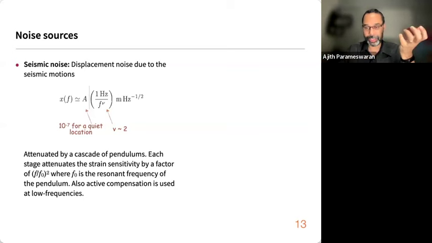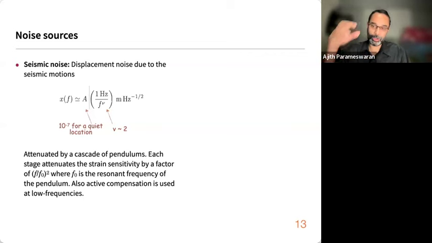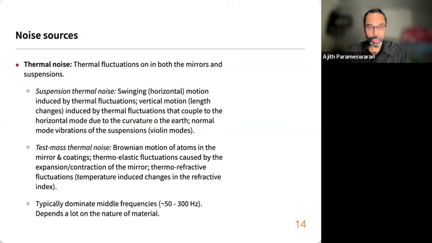You measure the seismic noise using a number of seismometers, and you move the base of the suspensions in which these mirrors are suspended, so that you compensate for the motion of the Earth. This works well for the very low frequency oscillations, so the seismic motion affects the lowest frequency part of the spectrum.